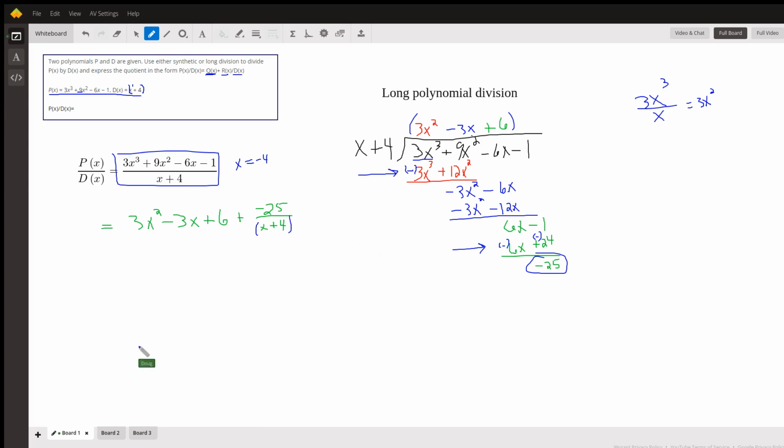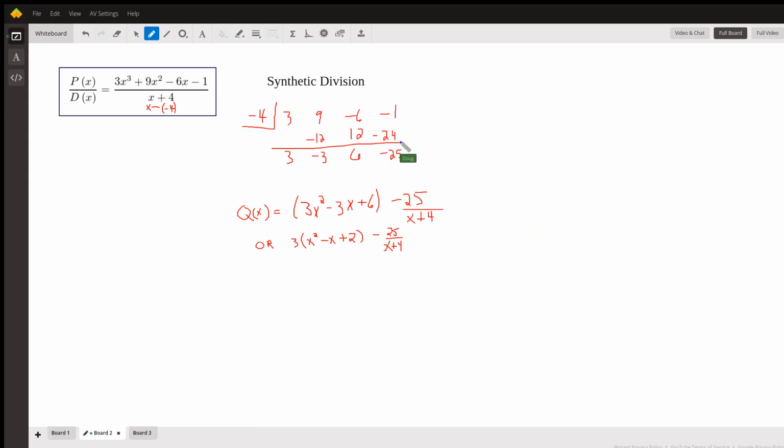Okay. Now, if you want to use synthetic division, in this little block right here, you put this -4. In other words, you have to have a minus sign between the x and the constant.